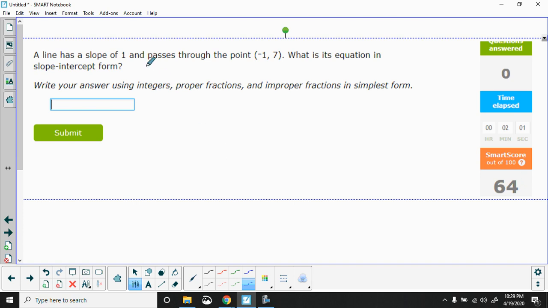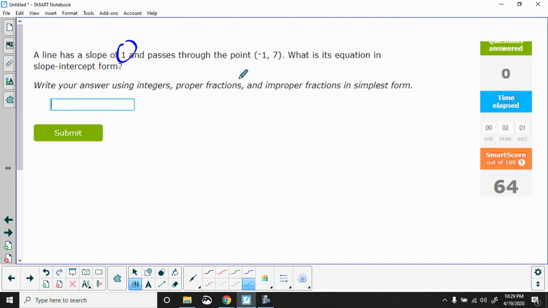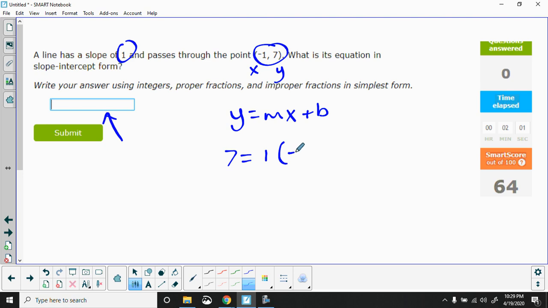Again, a line with a slope of 1 passes through the point (-1, 7). Slope-intercept form. This time they want you to write the whole thing out. Still doable. Plug in what you know. Again, y is going to be 7, x is -1, and 1 is going to be our slope. So 7, slope is 1, x is -1. Again, I'm pulling all of this from the problem.